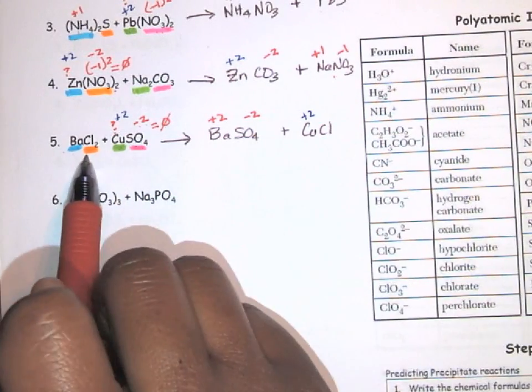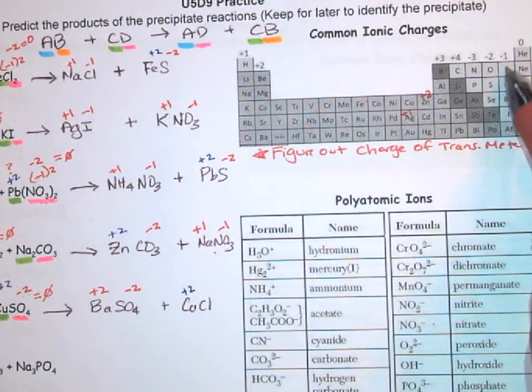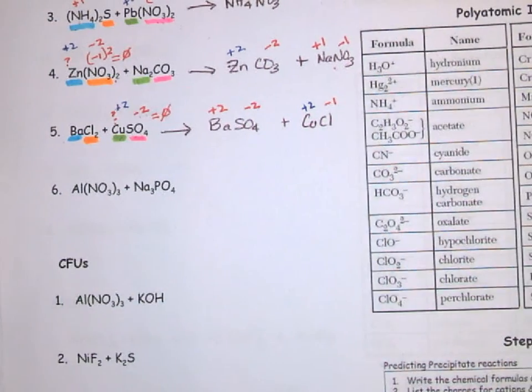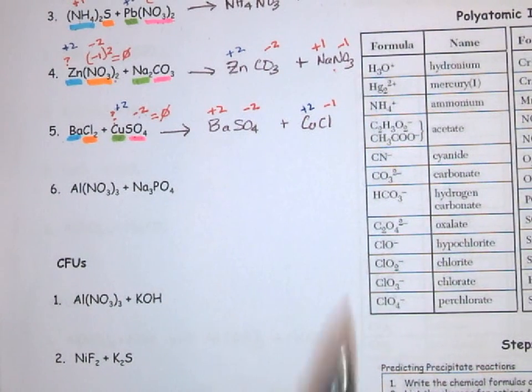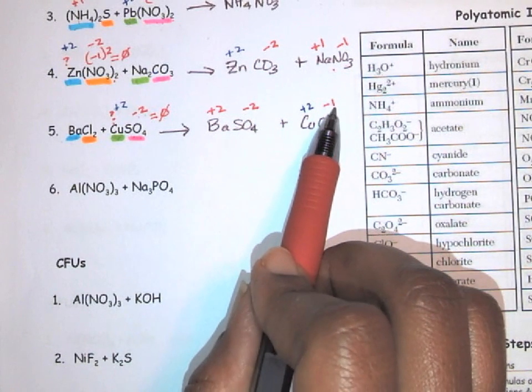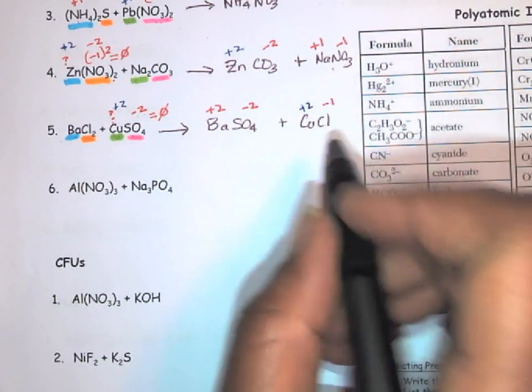All right, now chlorine has a -1 charge. I know that because it's in group 17. Okay, perfect. Now in this example, notice that the charges don't cancel out, +2 and -1. If I add those together, do they give me 0? Nope. So how do I correct this formula?